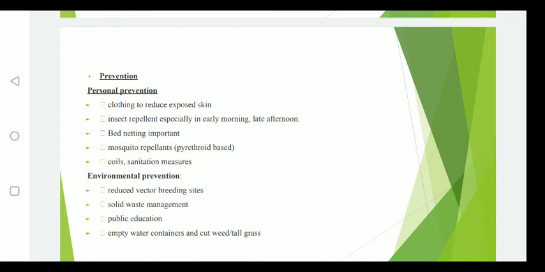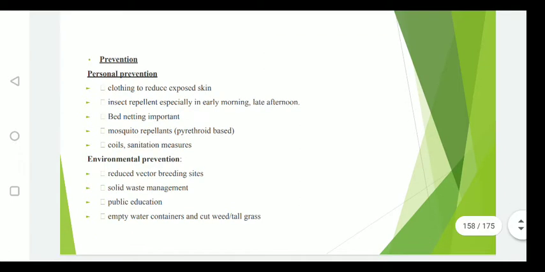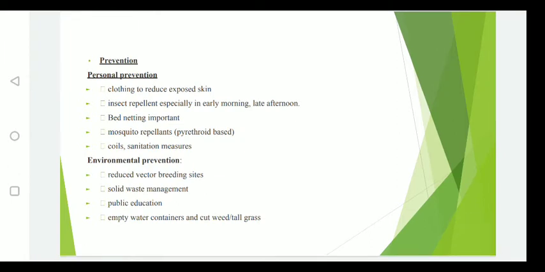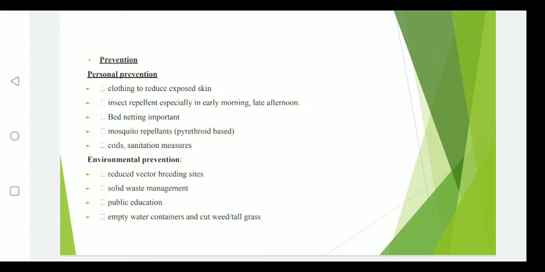So the main treatment is the administration of platelets via plasma content. We should prevent it during the rainy seasons. The female mosquitoes breed in fresh waters only, so any container holding water should be kept empty.